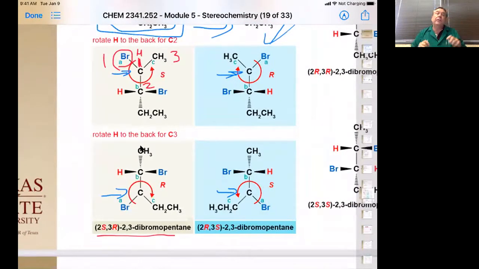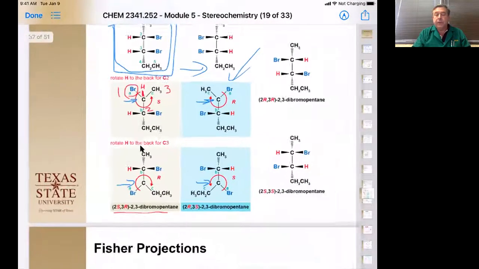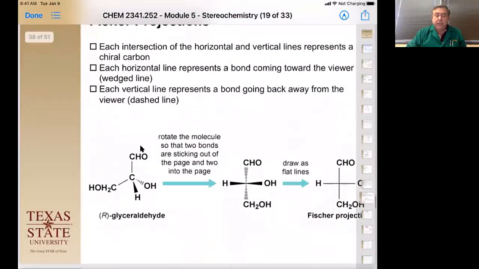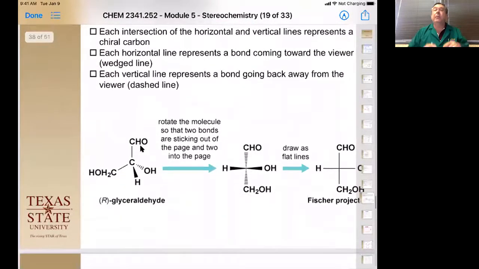Now I want to get into what we call Fischer projections, because it makes it easier to draw these things and assign R and S if we know where we don't have to draw all the wedges and where we don't have to draw all of the other systems. And so in general, it's going to be the same type of thing. We're going to make a horizontal and a vertical bonds that we have, but they're always going to be oriented in the same way.